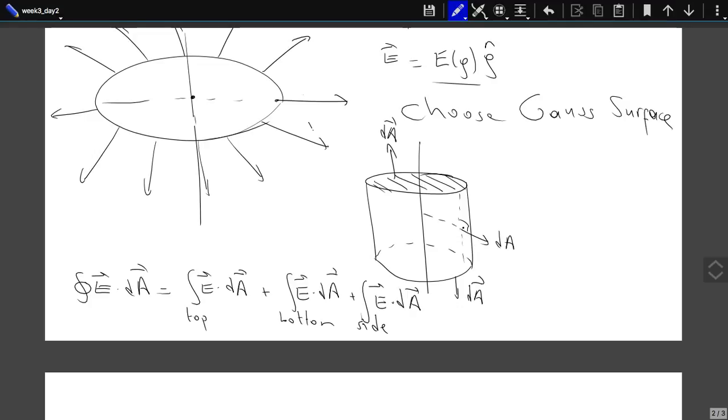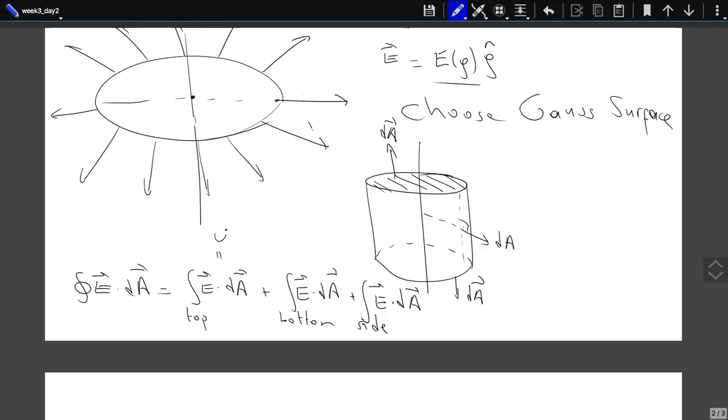Now on the top, the electric field, we had already said that it is pointing away from the wire, horizontal. On the top, this is the dA vector, this is the electric field vector. They are perpendicular to each other, so E dot dA is 0. On the bottom, this is dA. The electric field vector will be pointing all around, but nevertheless it will always be horizontal, and hence it is always perpendicular to this dA. This will give me 0.